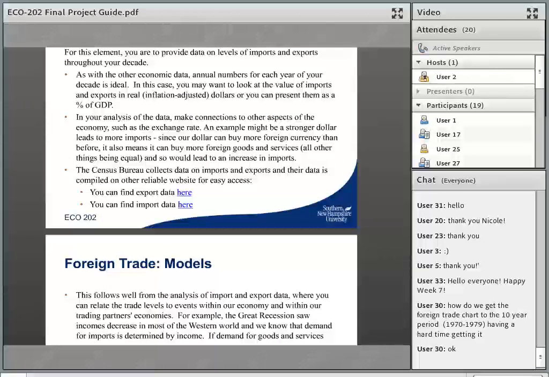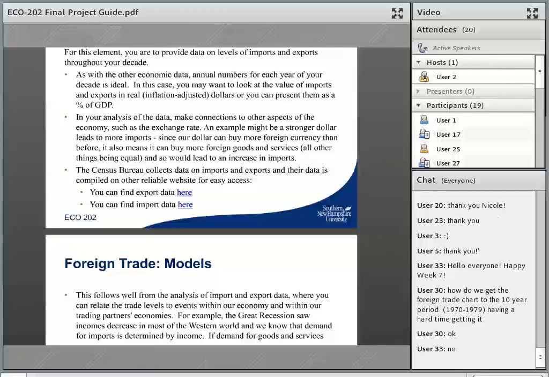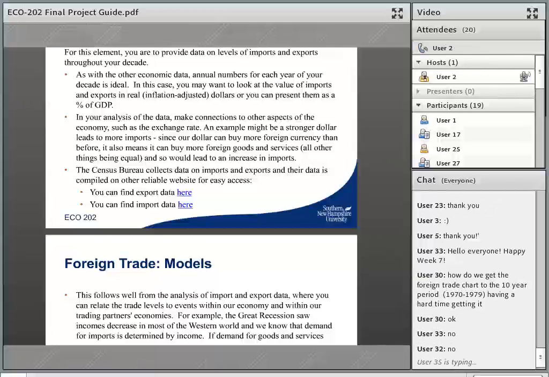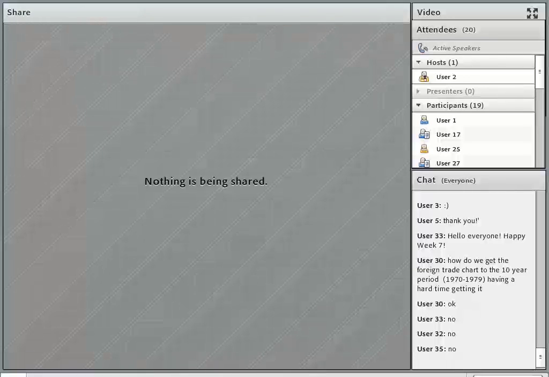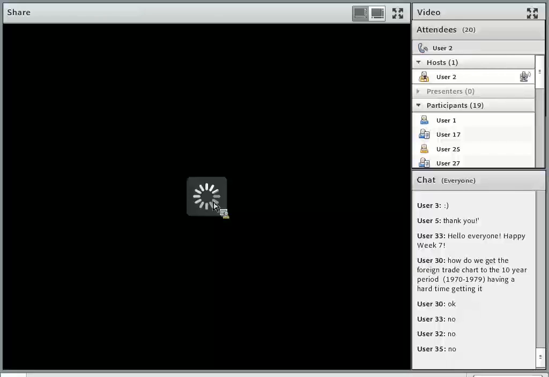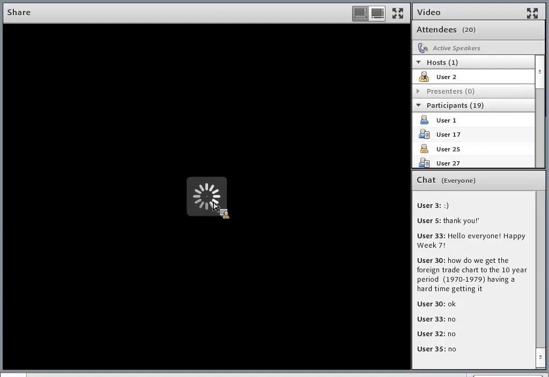To talk specifically about getting the data, I'm going to click on one of these links, and you let me know if you can see it. I don't think it's going to. I'm pretty sure you cannot see what I'm seeing. Let me know in the chat. Okay, give me a sec. I'm going to stop sharing this real quick and then share my screen. Okay, bear with me.